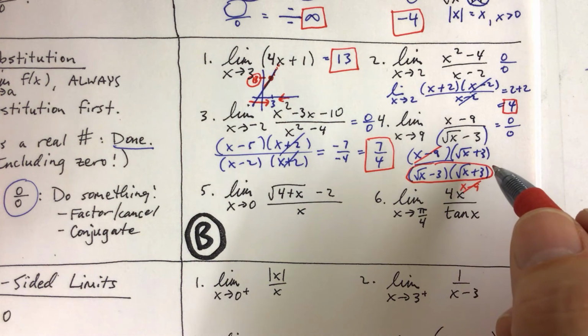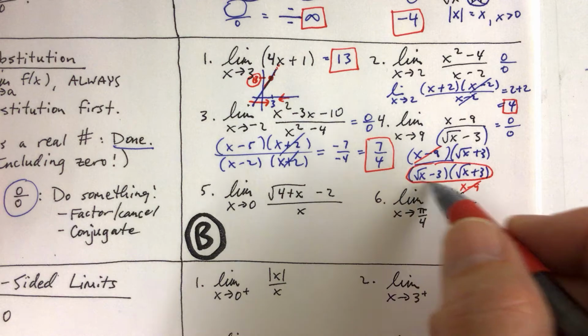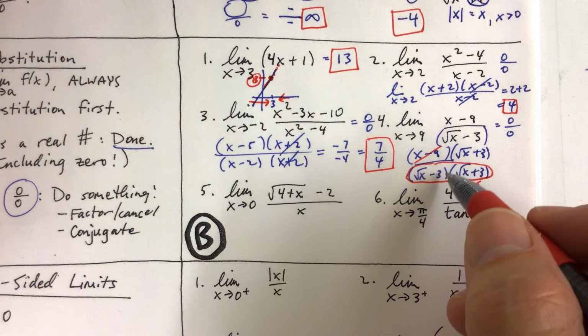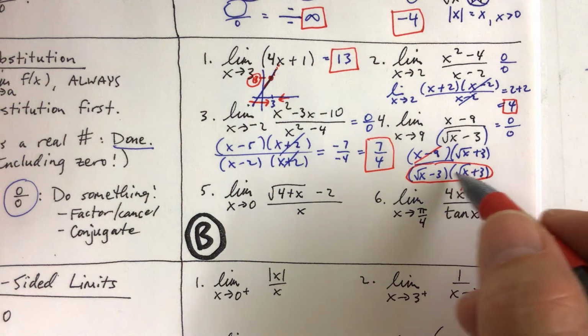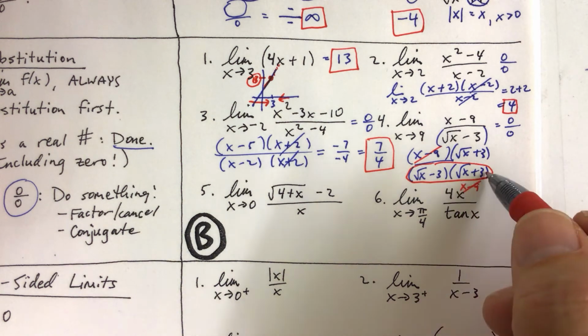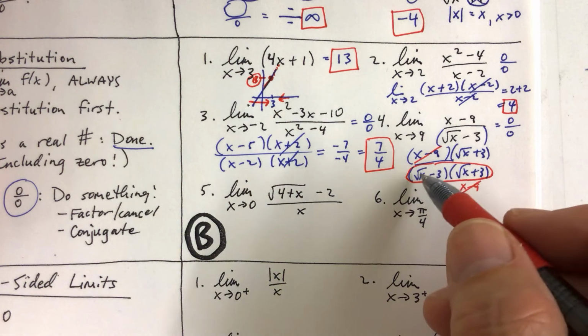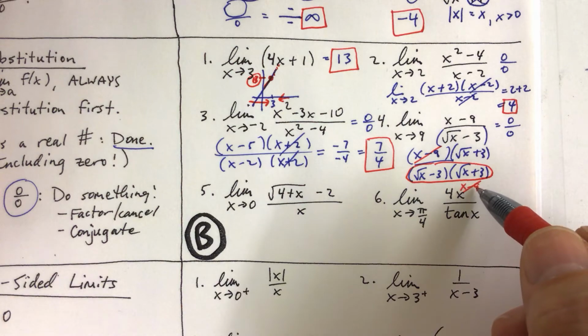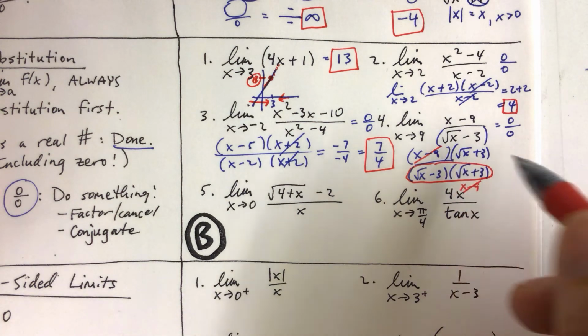So leave those alone, but multiply either the numerator or denominator, whichever one started with the radical. You FOIL those, and the radicals go away, and you get this nice clean x minus 9, which cancels with one of the factors in the numerator.